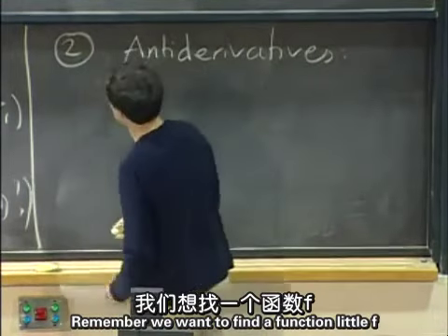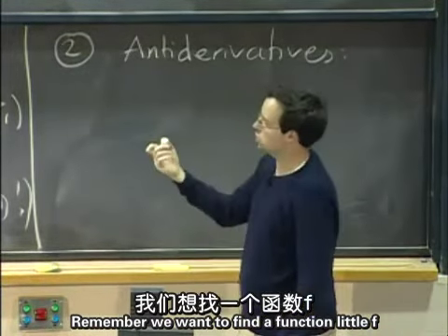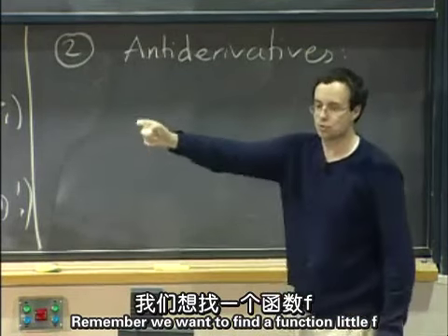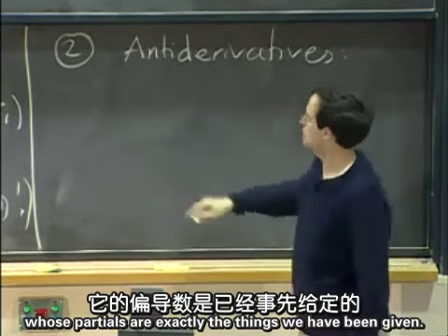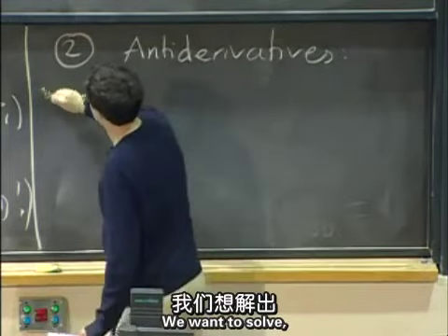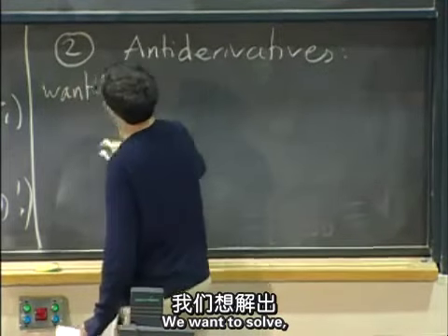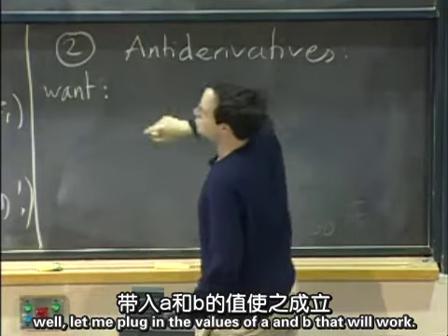So remember, we want to find a function little f whose partials are exactly the things we've been given. So we want to solve, well, let me plug in the values of a and b that will work, okay?